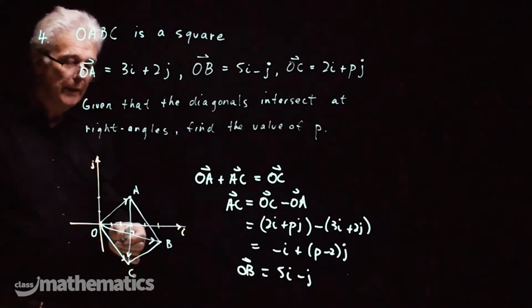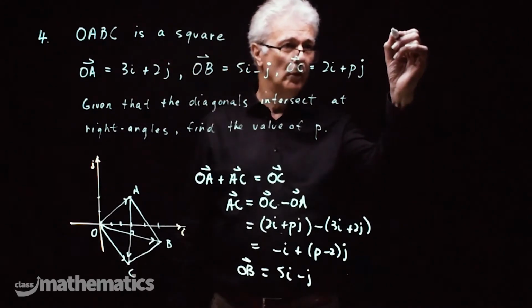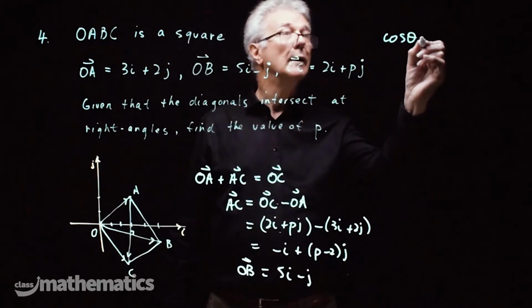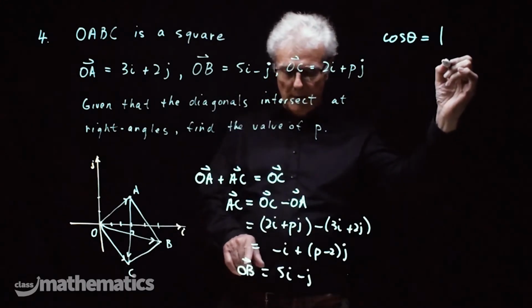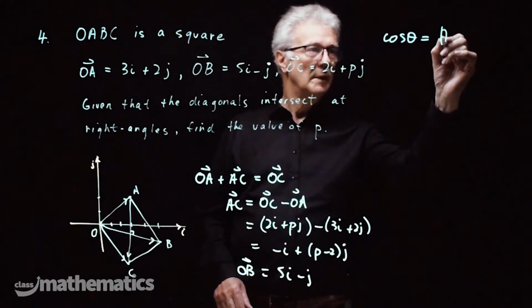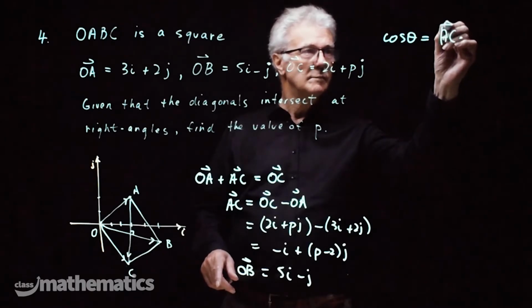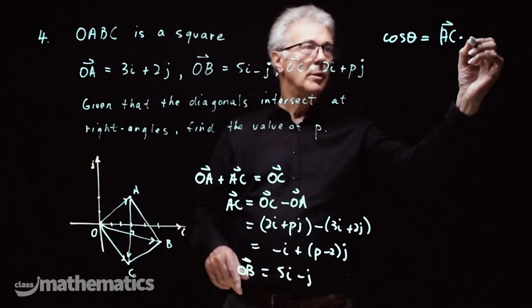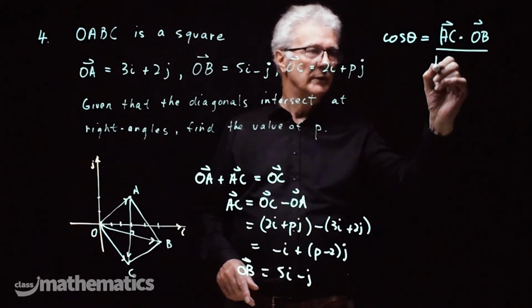Now we'll work out the angle between these two vectors using the formula we had before. The cos of theta is equal to this vector here, which is AC, times the other vector, which is OB, over the magnitude of these vectors.